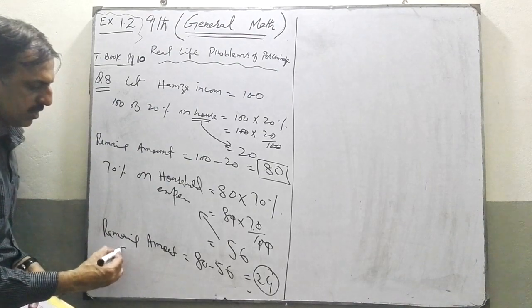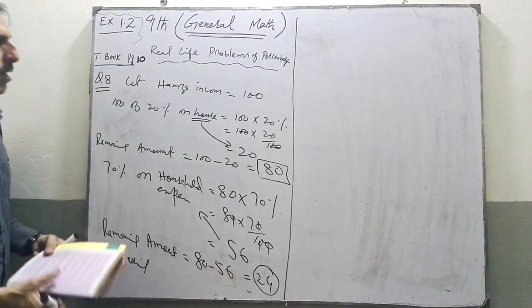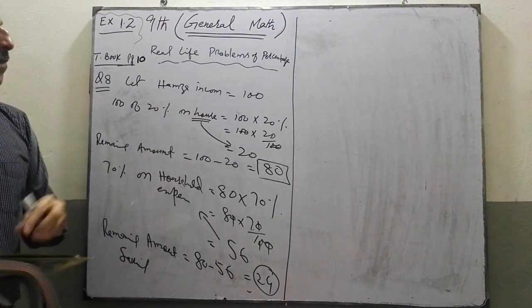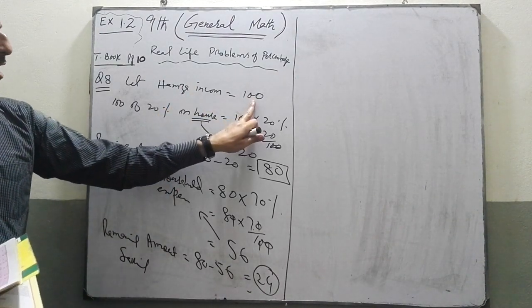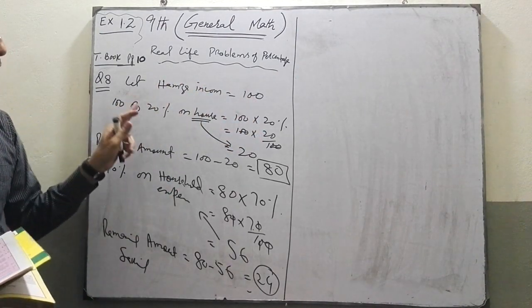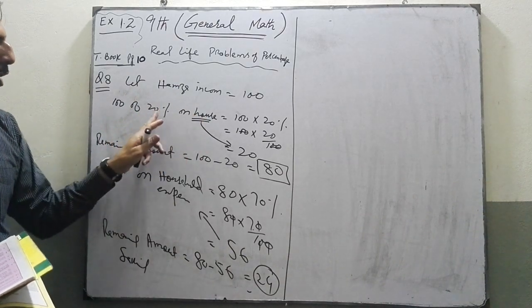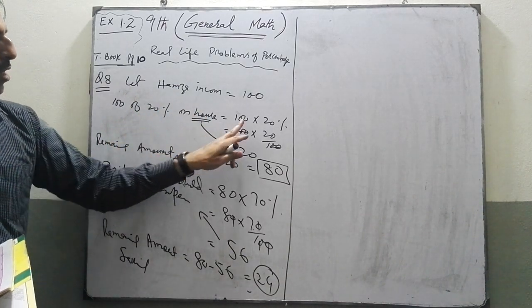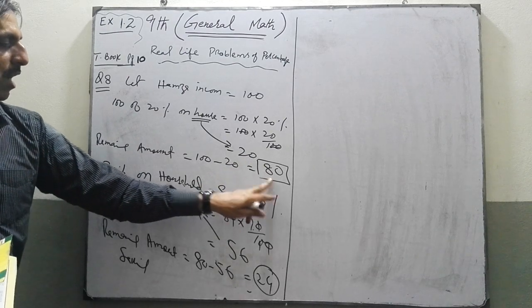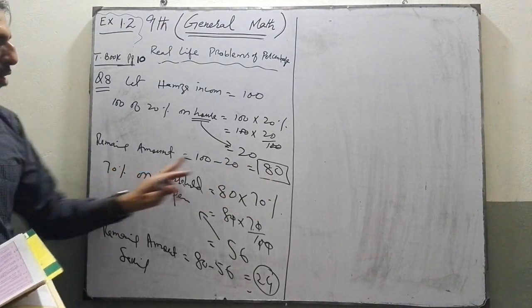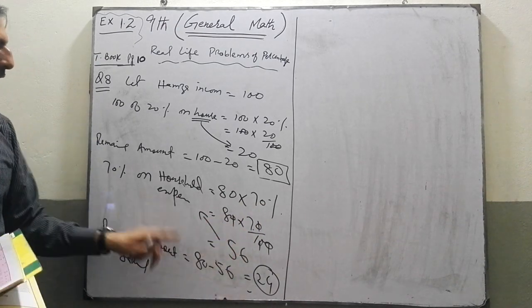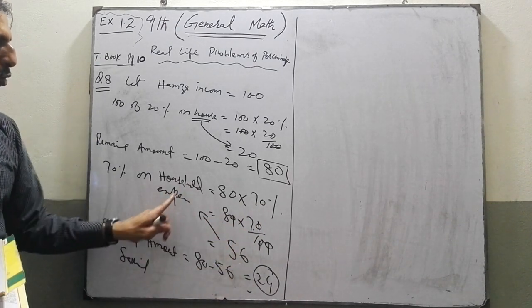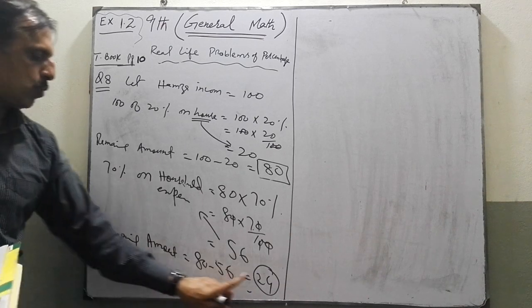That is his saving. Now repeat the question. Suppose Hamza's income is 100. He spent 20% on his household, 100 minus 20 is 80. Then 70% of 80 is 56, so he spent 56 on household expenditure, and the remaining amount is 24.